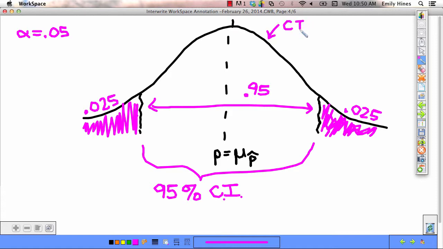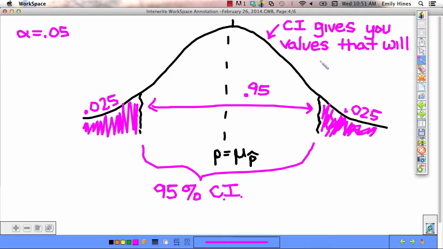Okay, the confidence interval gives you values that will not result in rejecting the null. So it gives you values that will not reject the null.